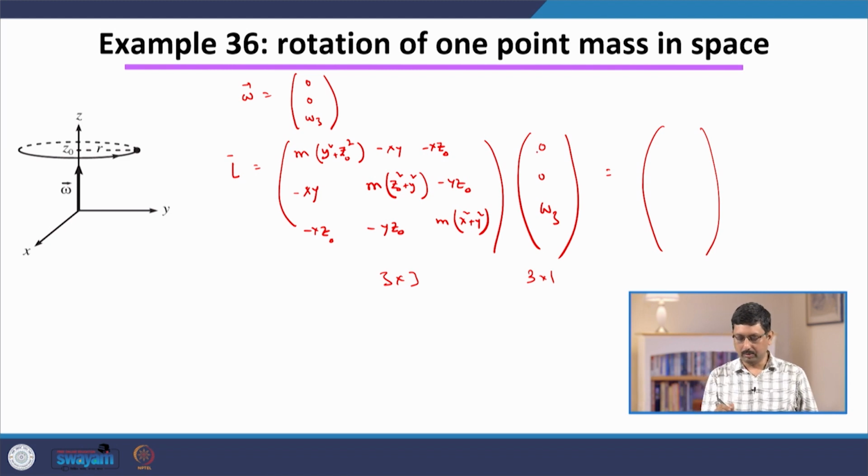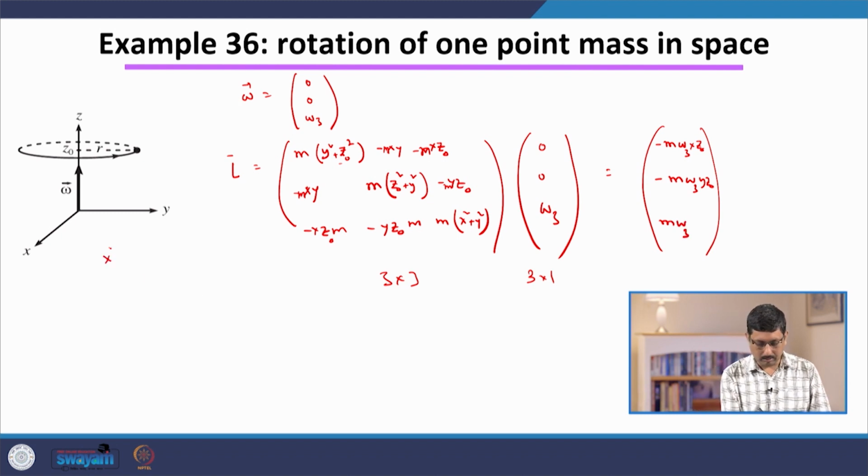So, what you get: the first term gives nothing, the second term gives nothing, and every term will have an m. So, the third term will give m omega 3 x z naught. Similarly, the second term is going to be minus m omega 3 y z naught, and the third term is going to be m omega 3 times x square plus y square, which from the figure is r square.